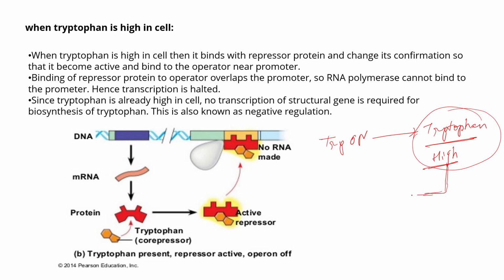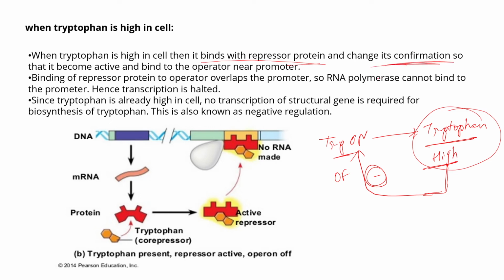What does it do? It simply goes and binds with the trp operon, and it will inhibit the synthesis of tryptophan by switching it off. This is what is written here. When tryptophan is high in the cell, it binds with the repressor protein and changes its conformation.